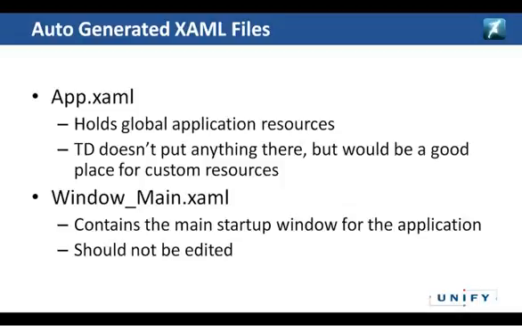And style definitions are basically visual object definitions. And window main.xaml is an important file for TD, and you shouldn't mess around with this file. It contains the main startup window that is necessary, and this file is actually different for browser and desktop applications, but there's nothing you can do with that one really.